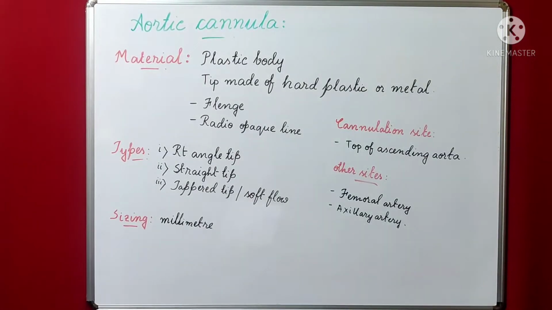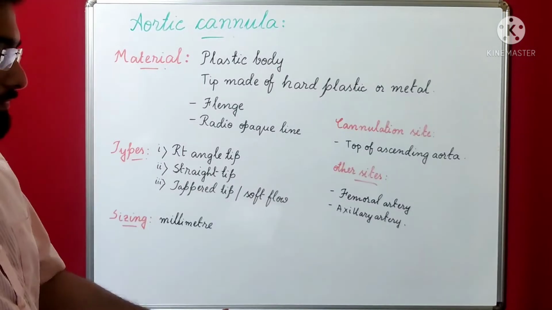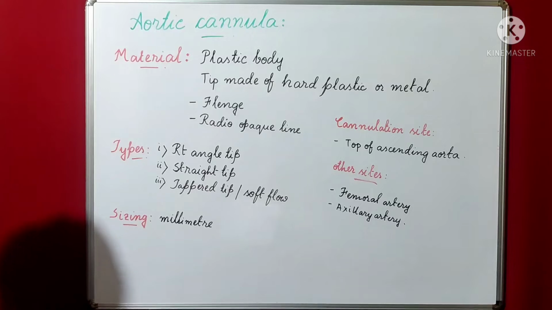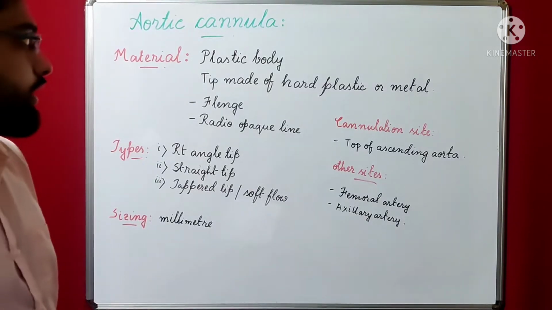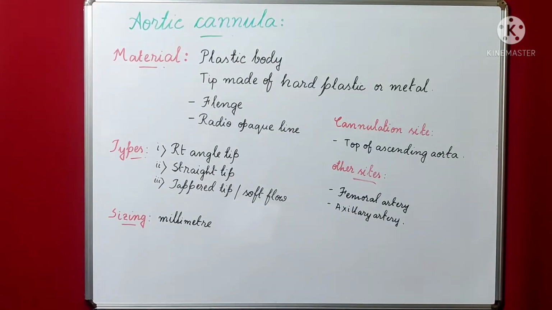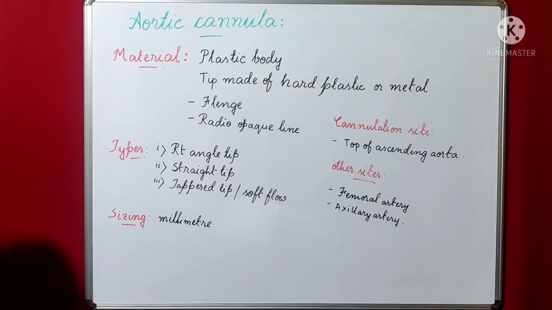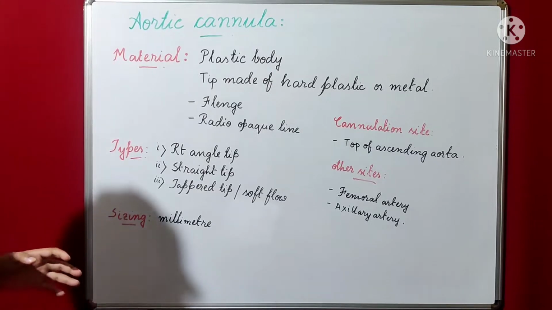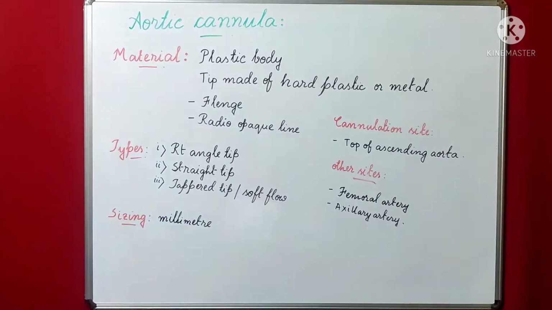Next, what is the material? You all have seen aortic cannula, so you know that the body of the aortic cannula is usually made of soft plastic, and the tip is made of hard plastic or metal. The reason for making the tip with hard plastic or metal is to provide the best ID to OD ratio, that means internal diameter to outer diameter ratio.